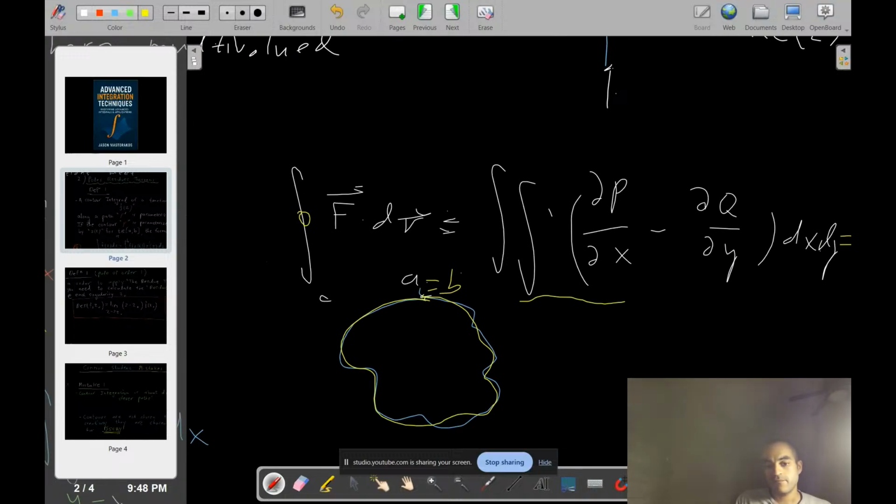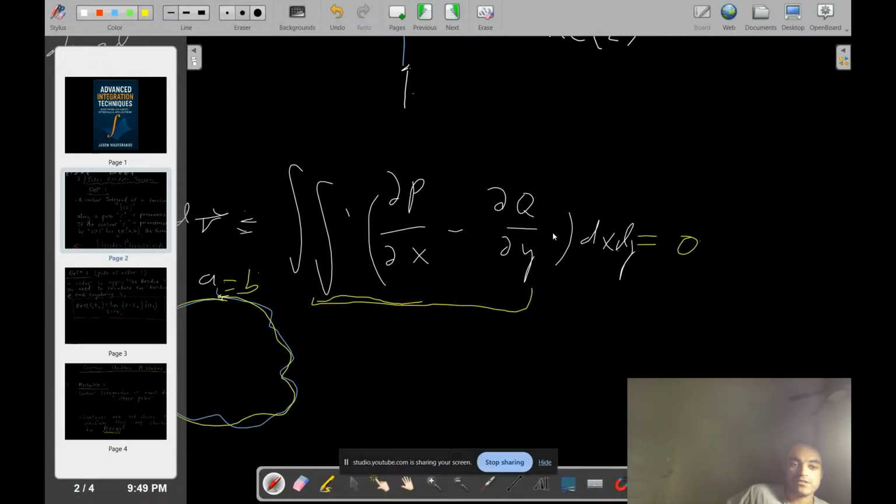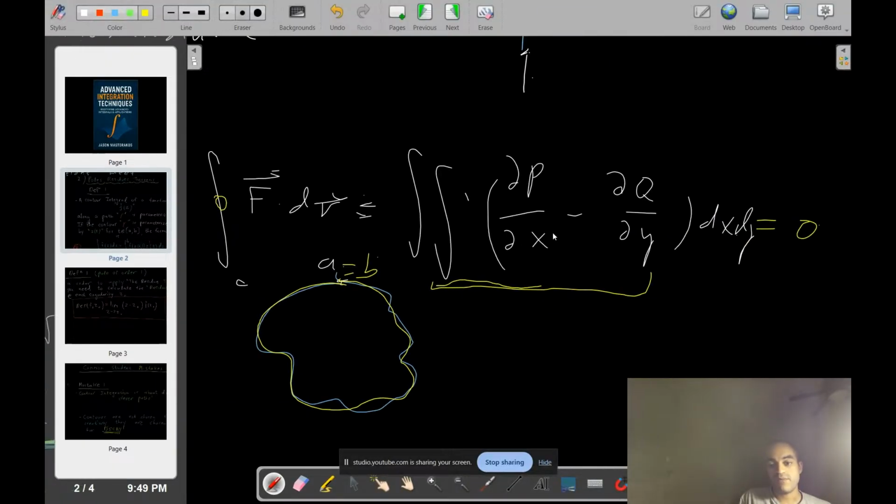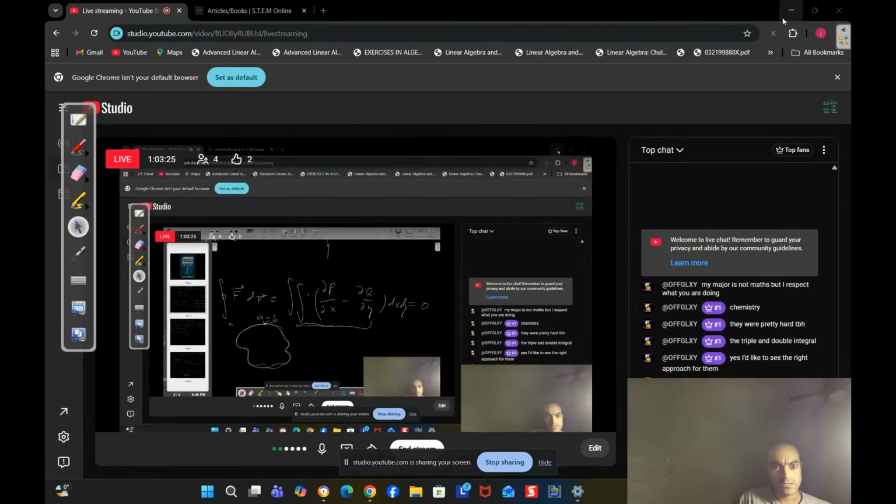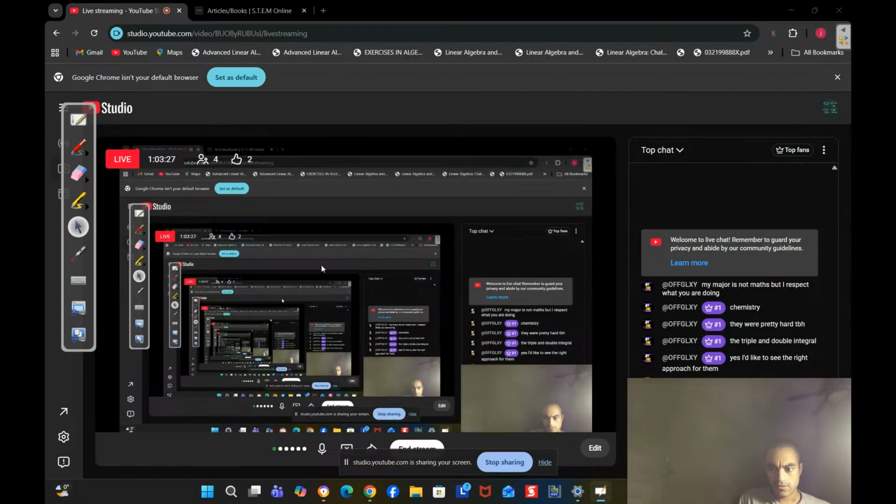Which means this double integral is 0, because this line integral can be calculated using Green's theorem, which is a double integral. So a double integral can be 0. It just means that it's looping back, if that makes sense. Is that okay, Ockley?